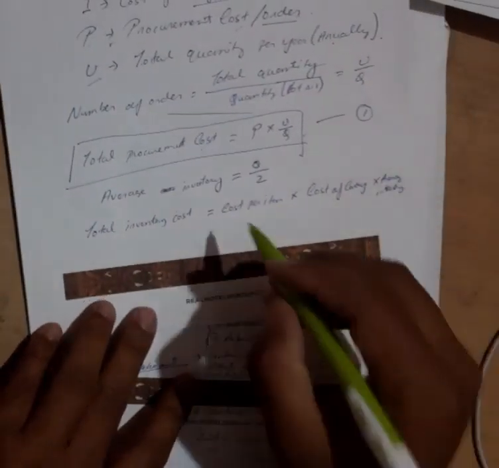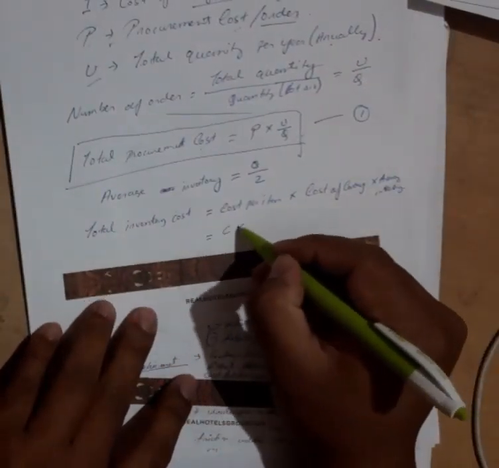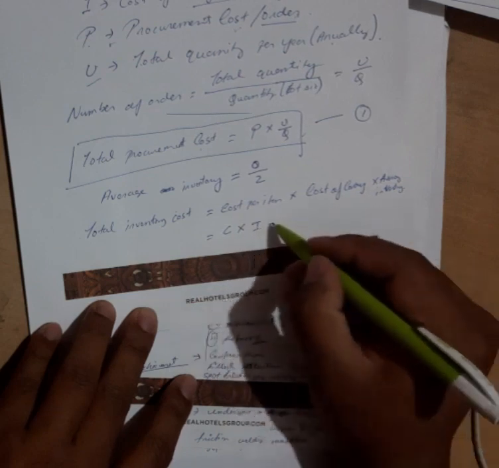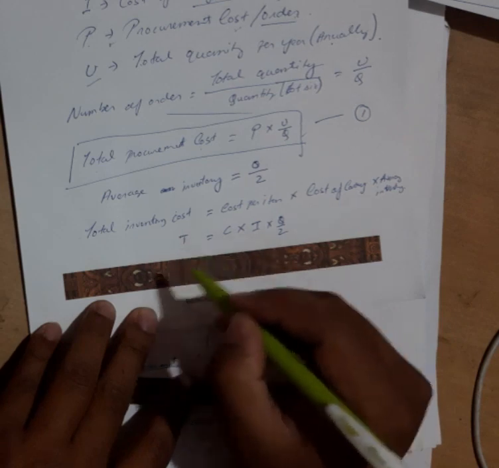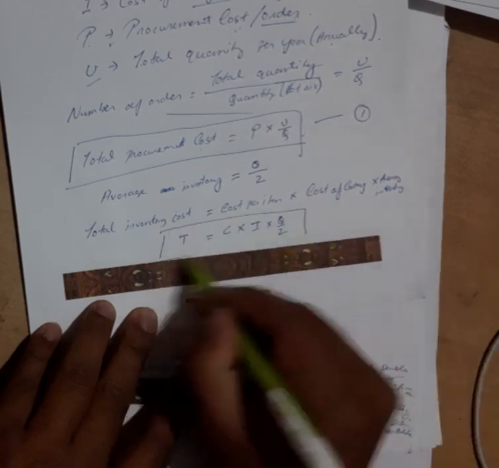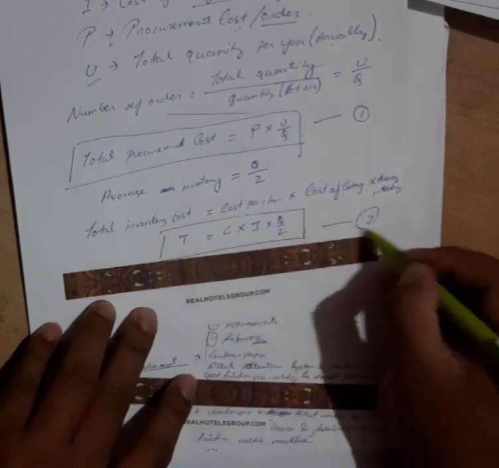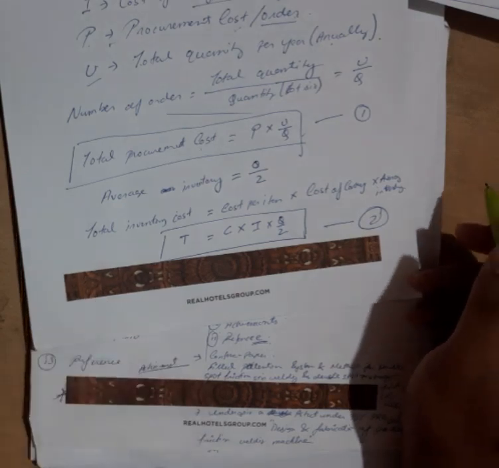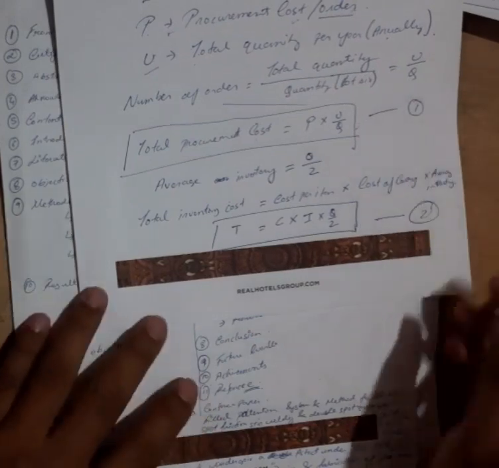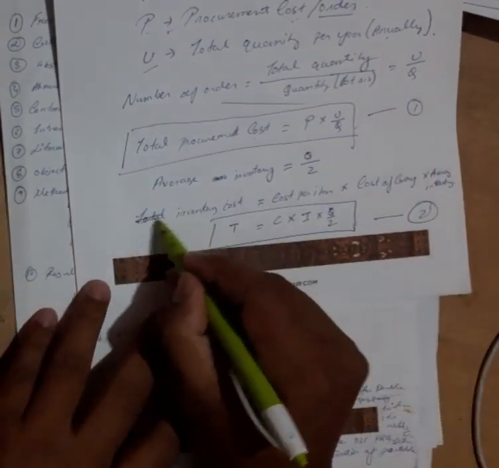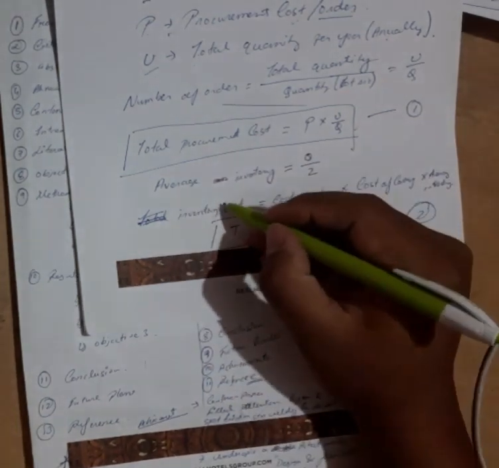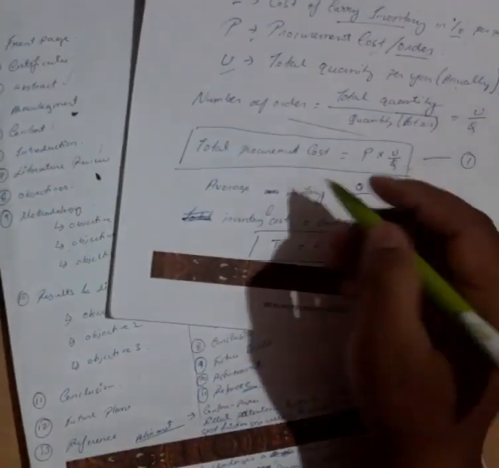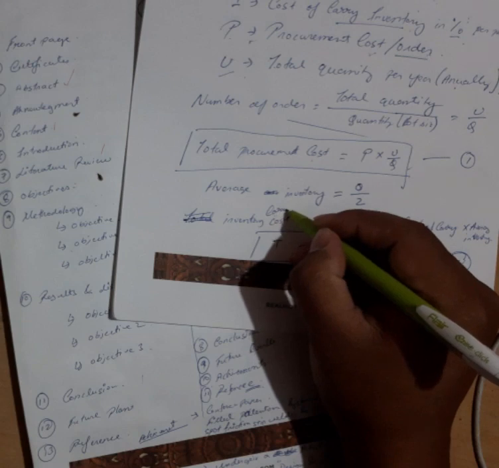So what will be this? C into I into Q by 2. Let us assume this is number 2. This will be inventory cost. This is not total cost. It is only the inventory carrying cost.